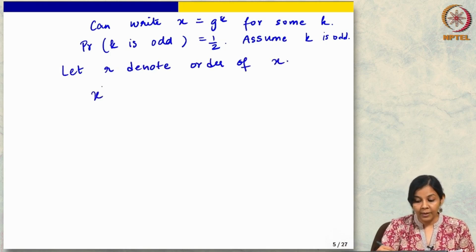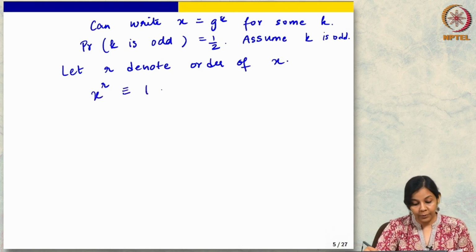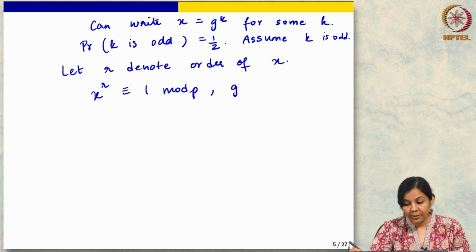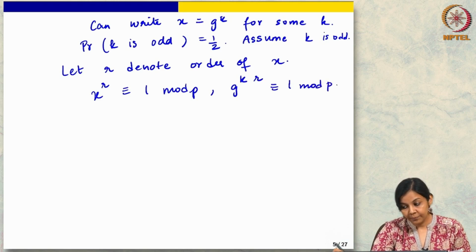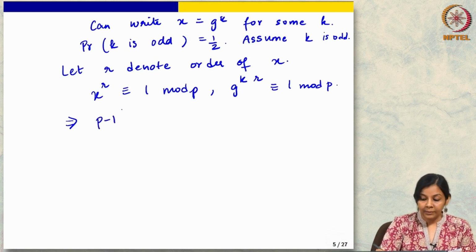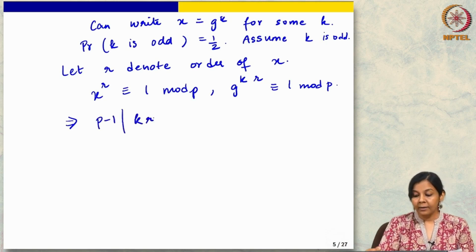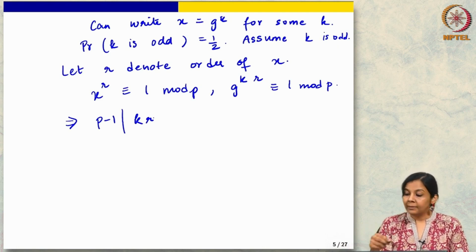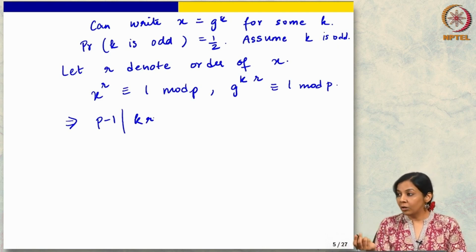So, we know that x to the r is congruent to 1 mod p, which means that g to the kr is congruent to 1 mod p. And note that this implies that p minus 1 divides kr, right, because g to the p minus 1 is 1 mod p, and moreover p minus 1 is the order of g.